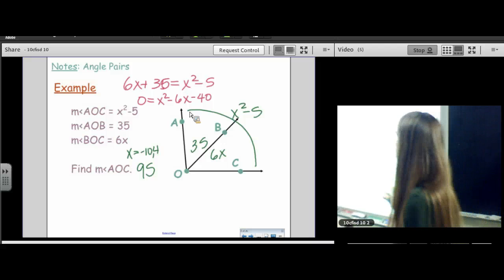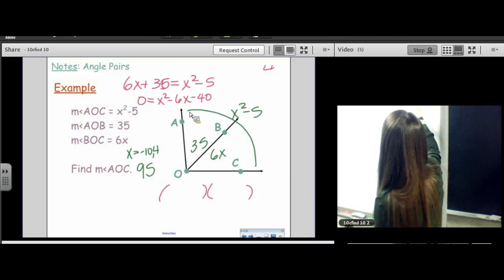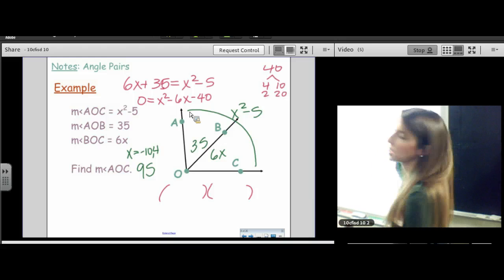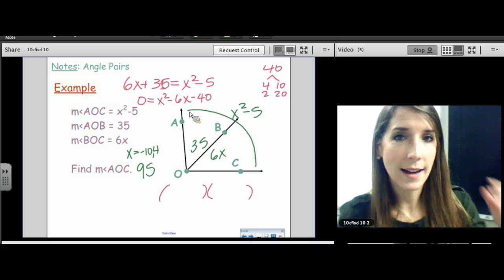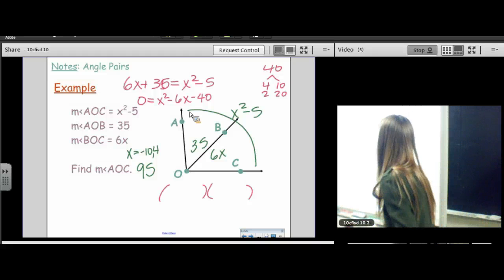Okay, so then we need to do our factors. We need things that multiply to get 40, but combine or subtract to get 6. And our winners would be 4 and 10, so very good.